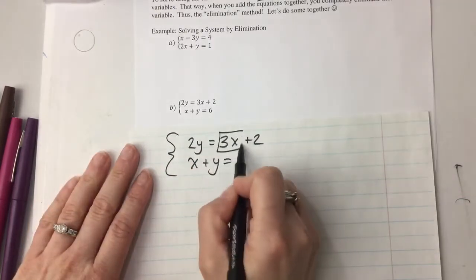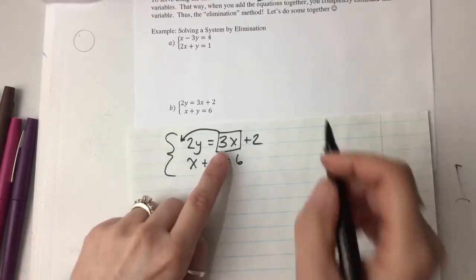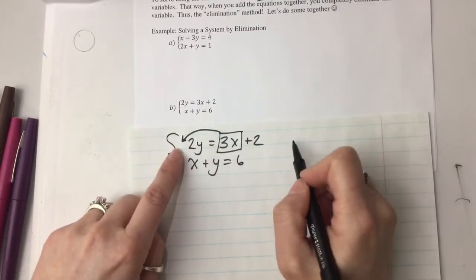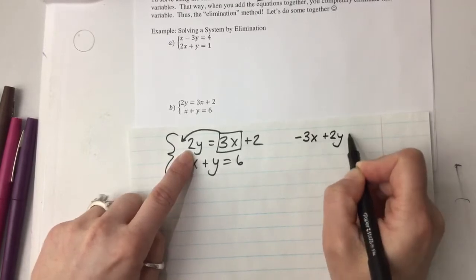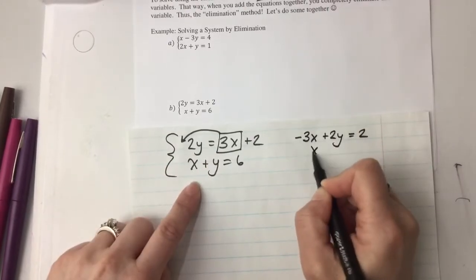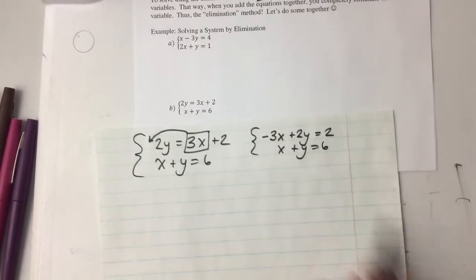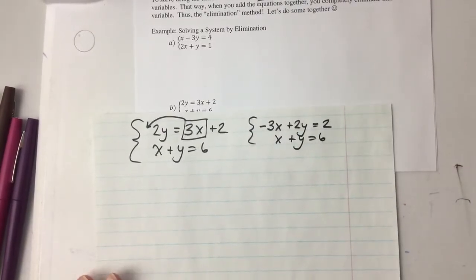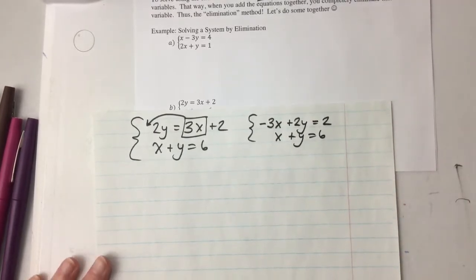So your first step here, I'm going to have to take that 3x and move it to the other side. Because it's positive on this side, when I move it here, it becomes negative. Negative 3x plus 2y equals 2. X plus y equals 6. Now this is a format where I can go ahead and do the elimination method because my x's and my y's are lined up and they're on the same side of the equation.